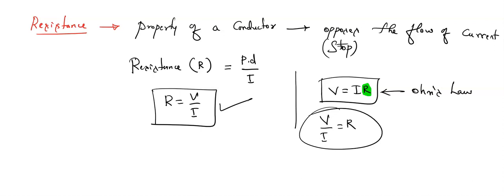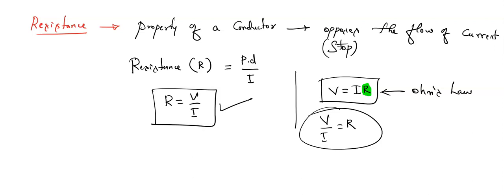That is called resistance. So resistance is R, and R is equal to V by I, or V upon I.